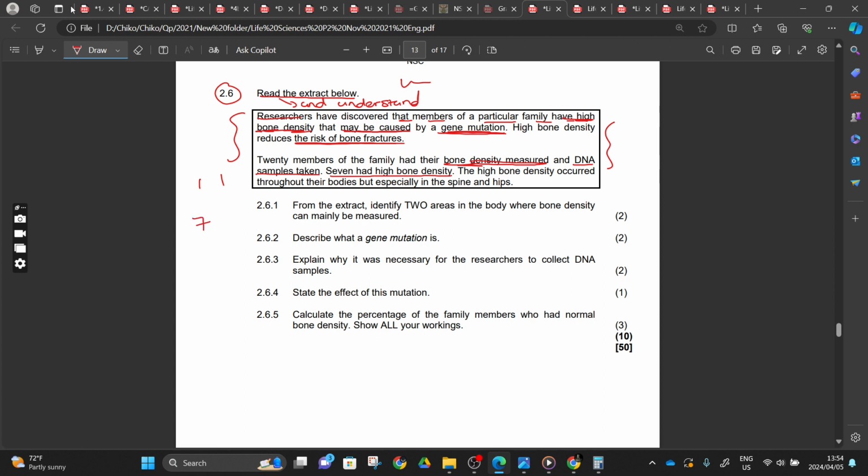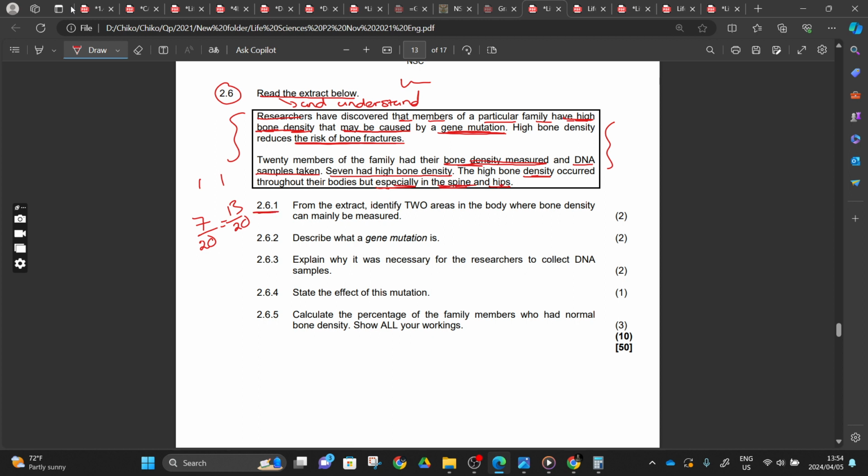So we have 7 of them out of 20 that had high bone density, and the remaining will be 13 out of 20. And then the high bone density occurred throughout their bodies, but especially in the spine and the hips. So you find that this high bone density is spread out through the body. You can even find it in the arm bones, but they say here we find it more in the spine and hips.